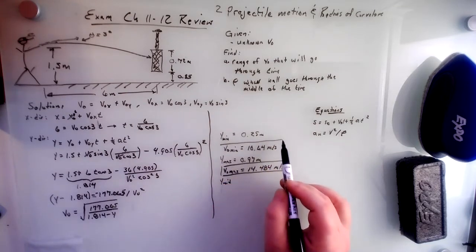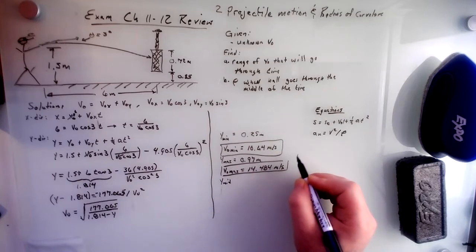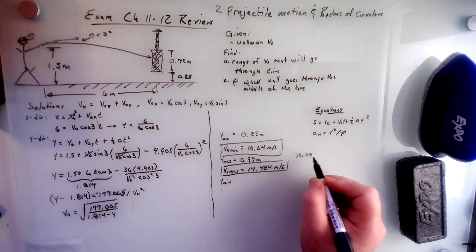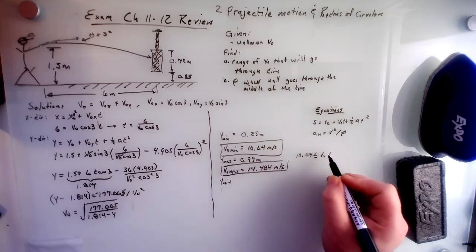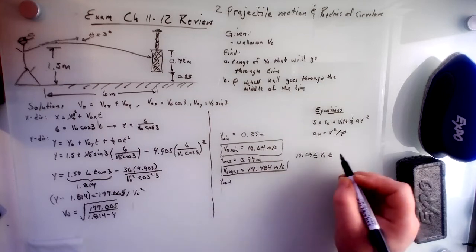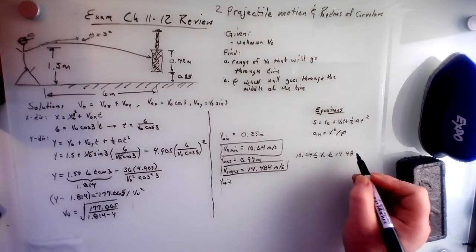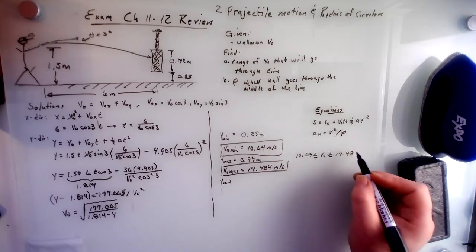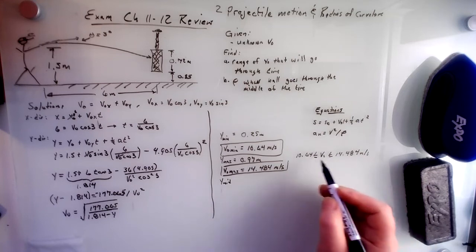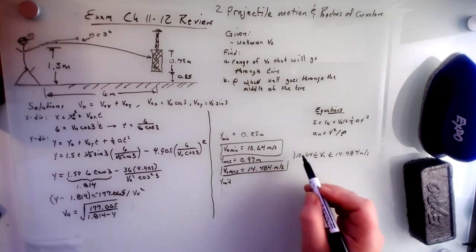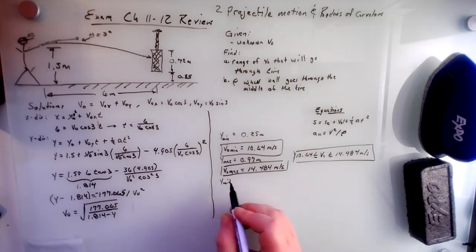So the way we would write this is we would say 10.64 is less than or equal to v naught is less than or equal to 14.48. You could leave off the 4 if you wanted, but I'll just leave it there. Meters per second. You'd want the units over here as well, but this is your answer for part A. For B, we want the mid.